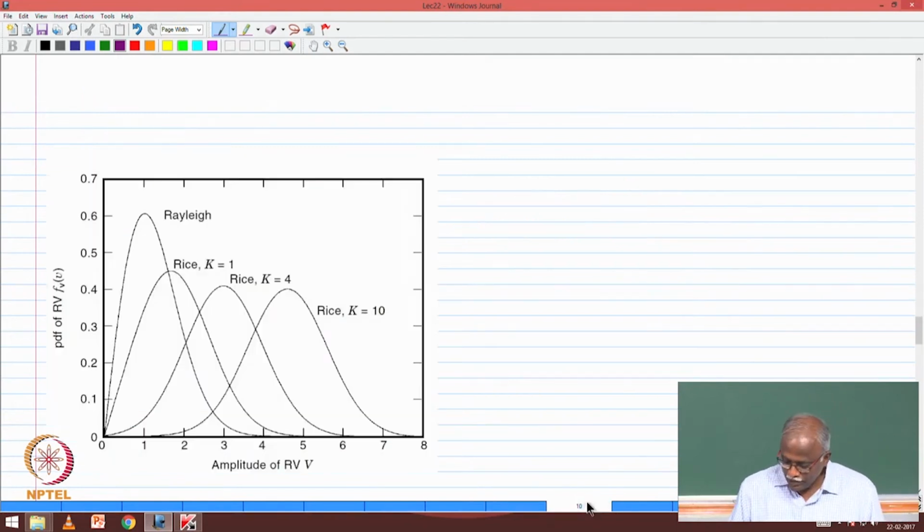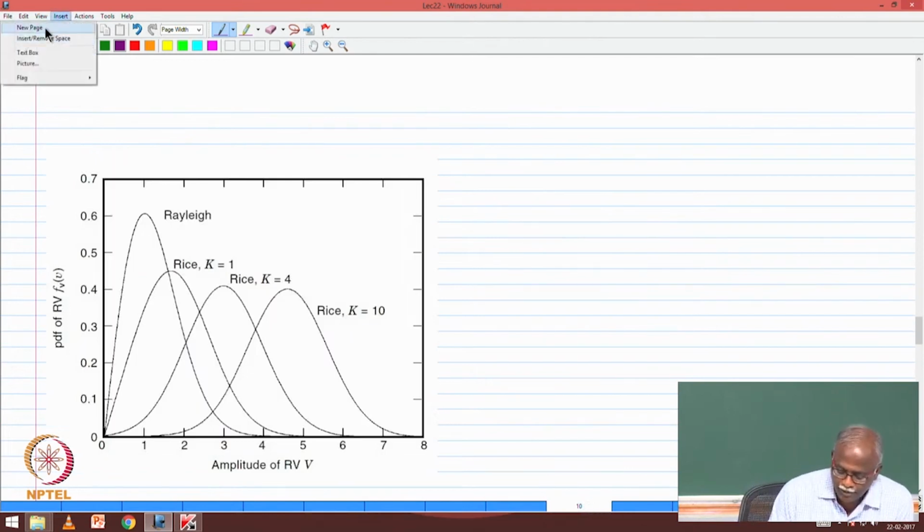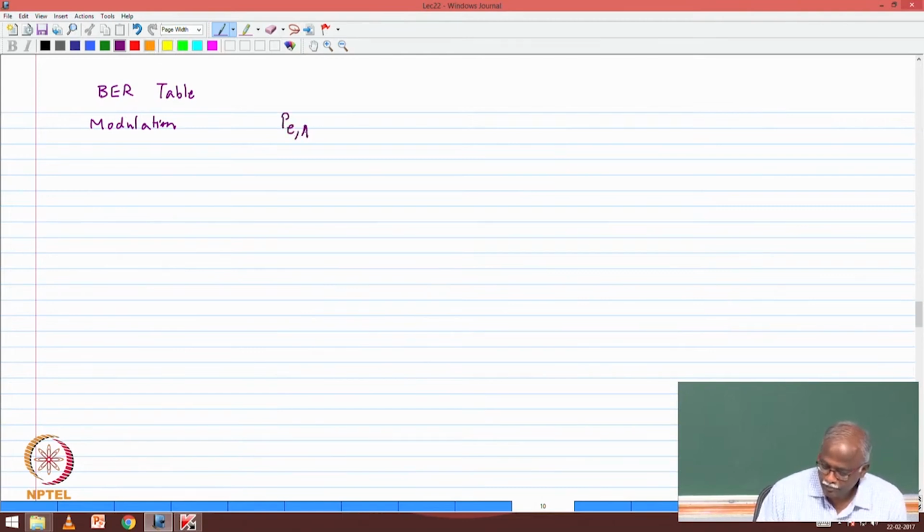Okay, if not, let us now complete what I believe is a very useful table. So this is the BER table. It has 4 columns. The first column is the modulation type. The second column is the probability of error in AWGN.